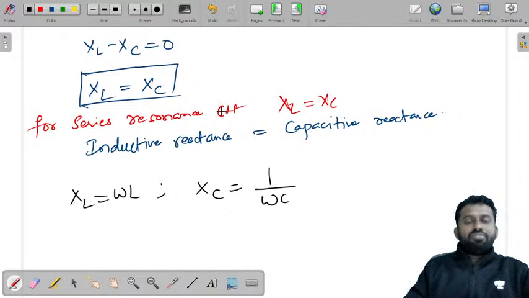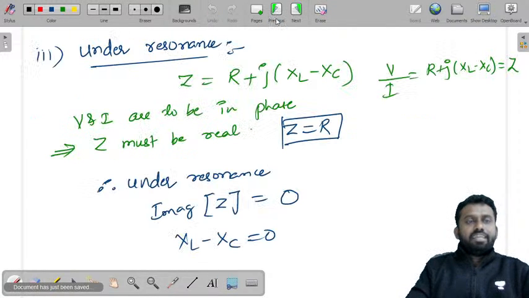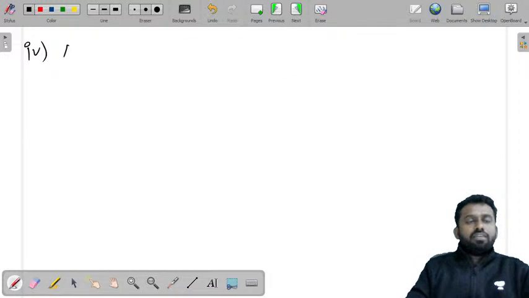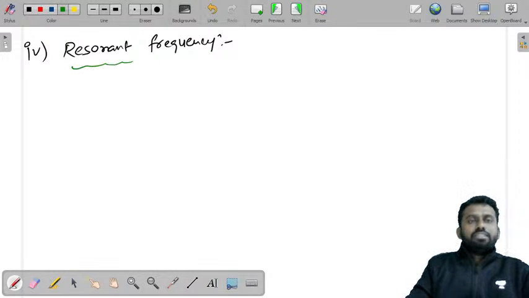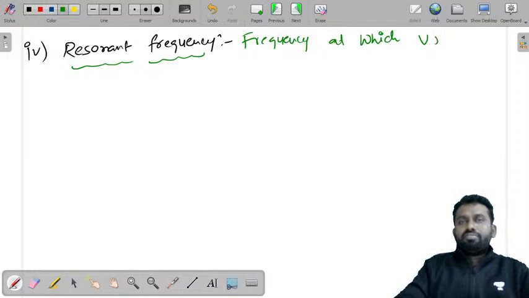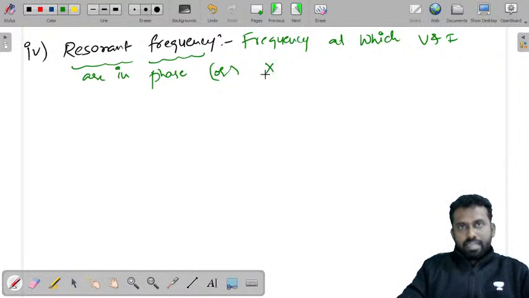Before that, let's find at what frequency this happens. So we are going to find the fourth one, resonant frequency. What is this resonant frequency? The frequency at which V and I are in phase, or XL is equal to XC.